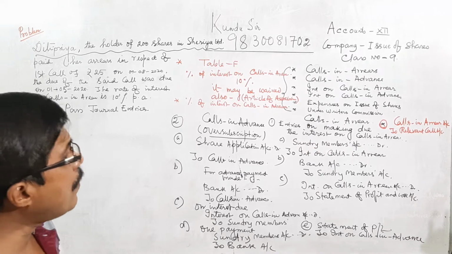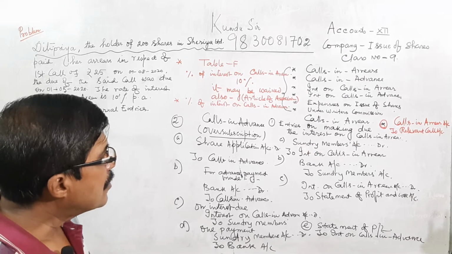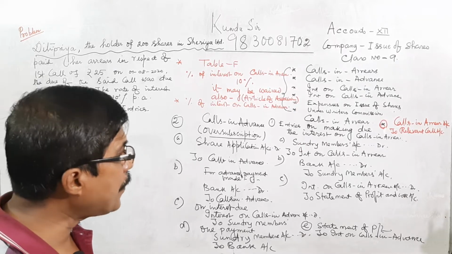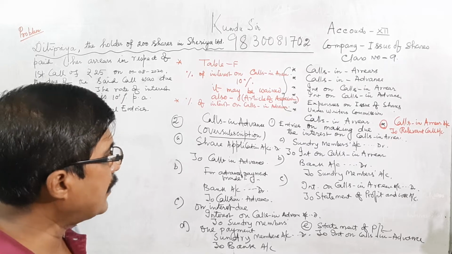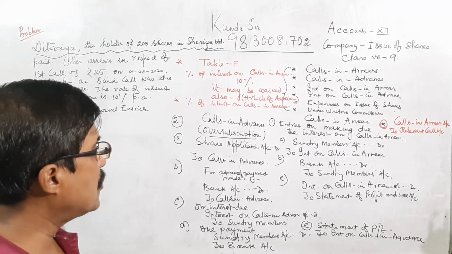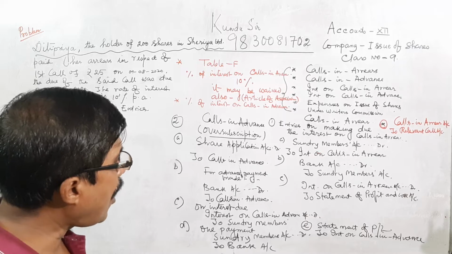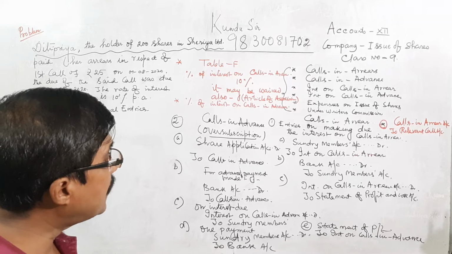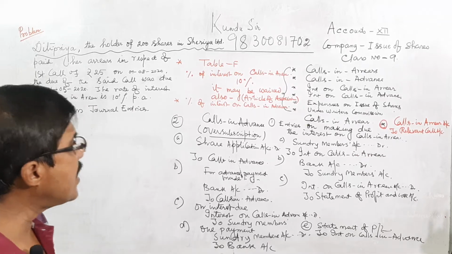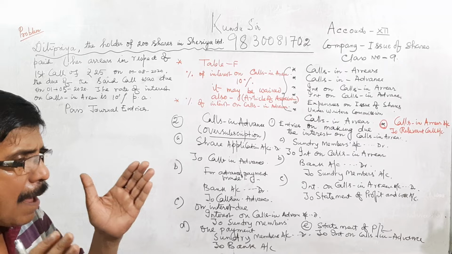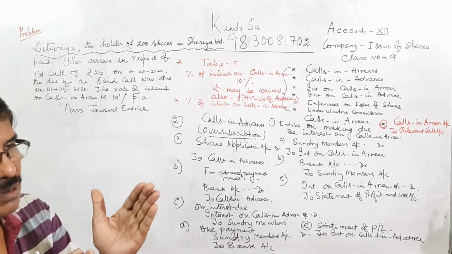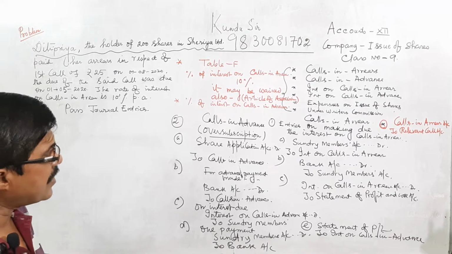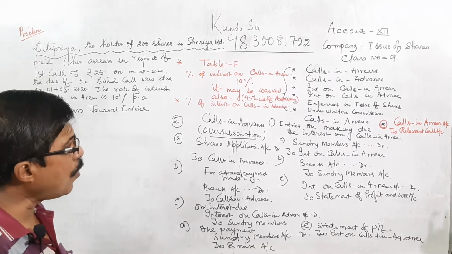Then what will be the entry for this? Sundry members, that means the member who has not paid the relevant call, the sundry members account is debited to interest on calls in arrear, on the arrear amount and the applicable duration, into rate of interest; that is the way of calculation.